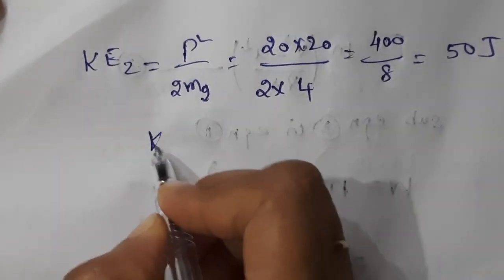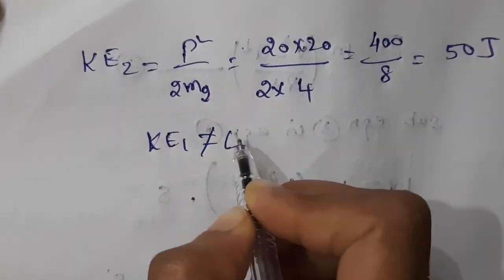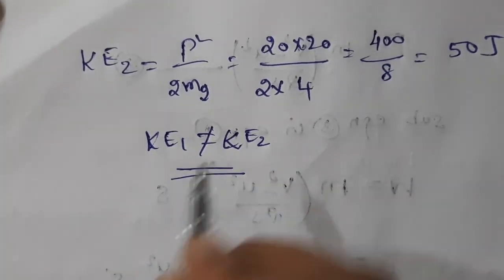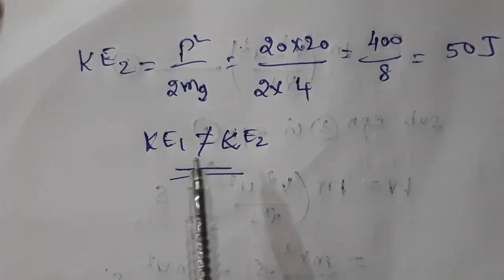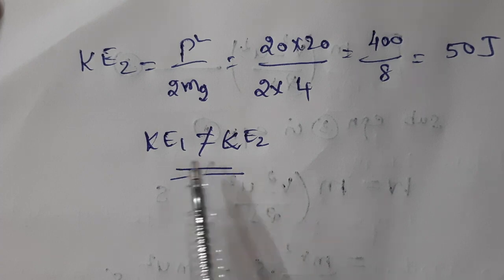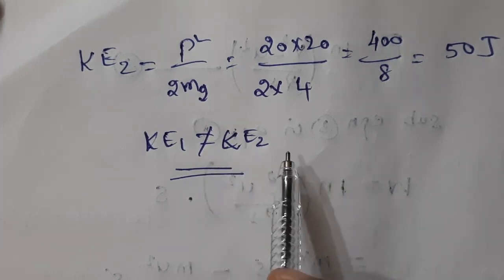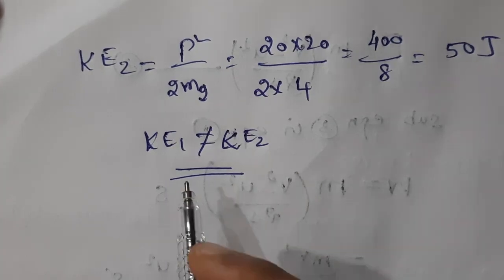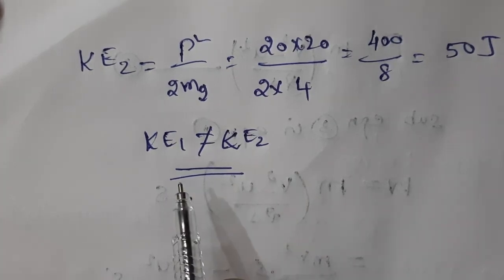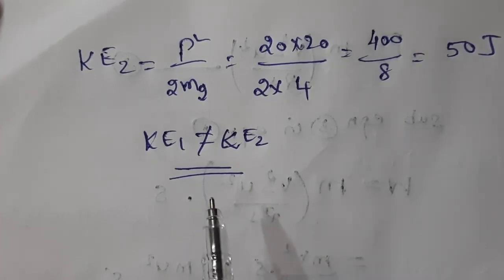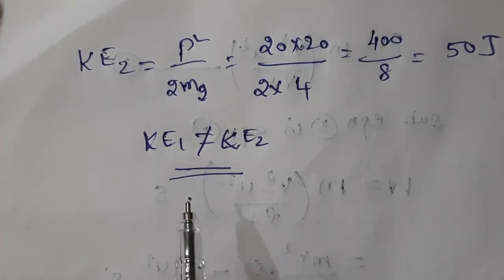So what is the answer? Kinetic energy 1 is not equal to kinetic energy 2. Even though the two objects have the same momentum, the kinetic energies are not the same. The heavier object has lesser kinetic energy than the smaller mass.